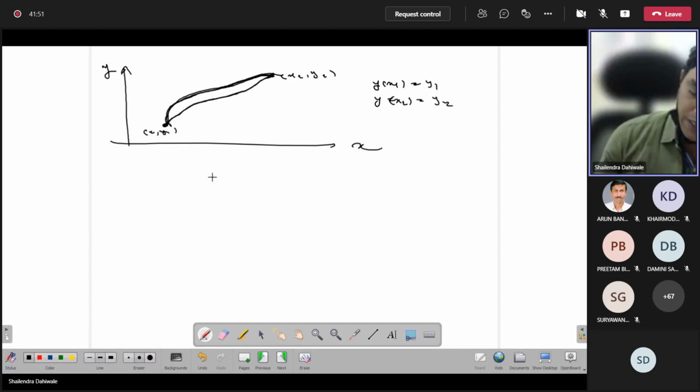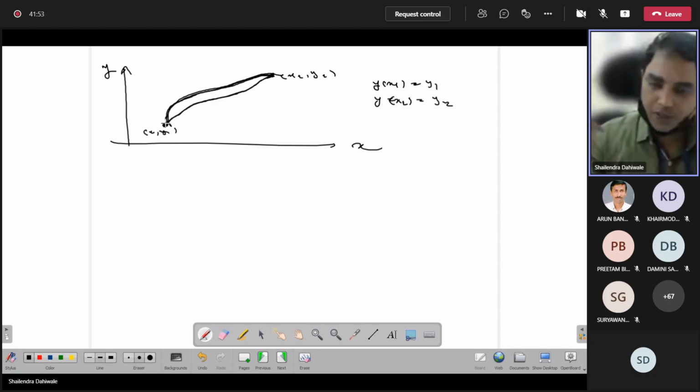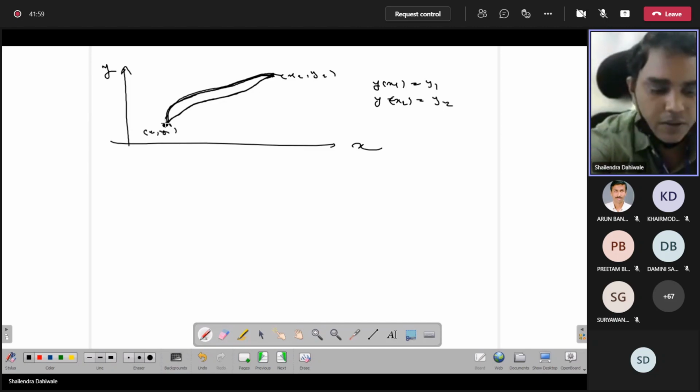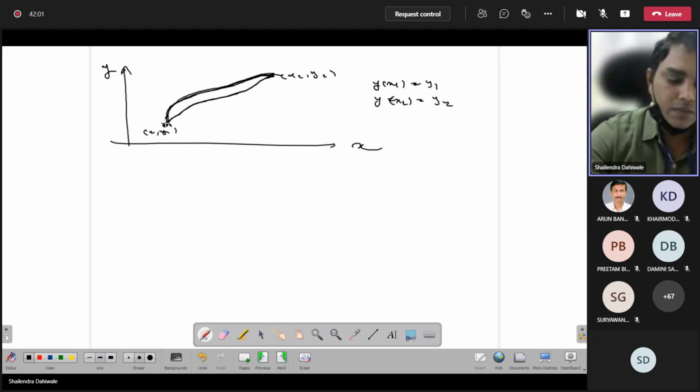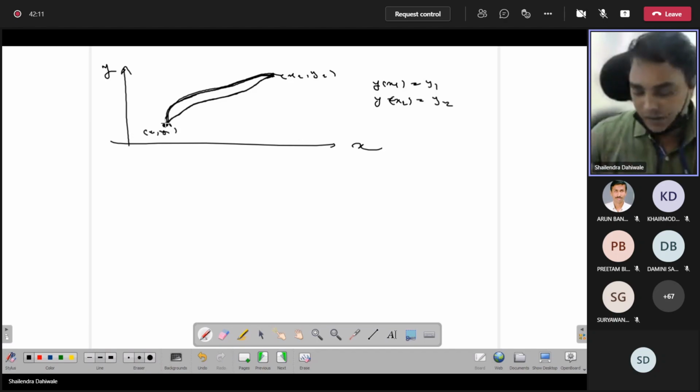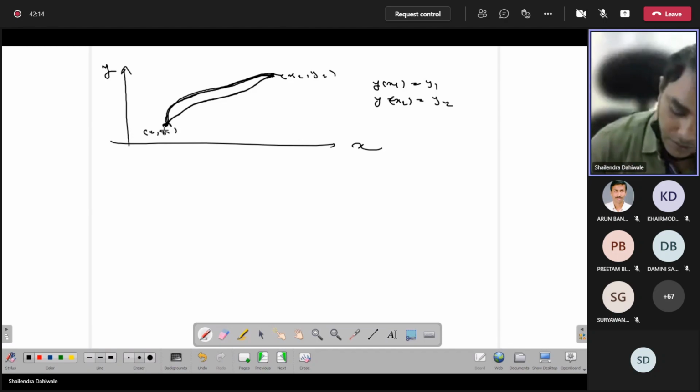So for our case, these two endpoints x1 and x2 are fixed, and any varied path you take will pass through these endpoints.